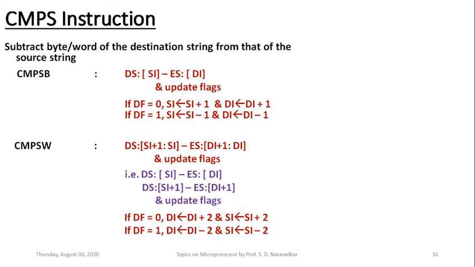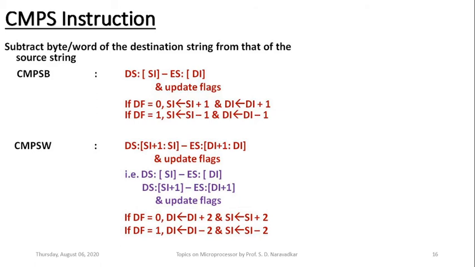Then subsequently, the control program will go for checking the next byte. The second byte of the already stored password and the second byte of the newly entered password will be compared. Again, if the zero flag is set to 1, it means the second byte also matches.